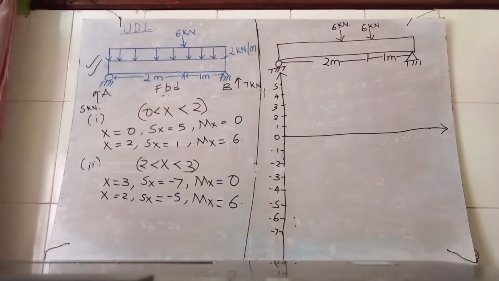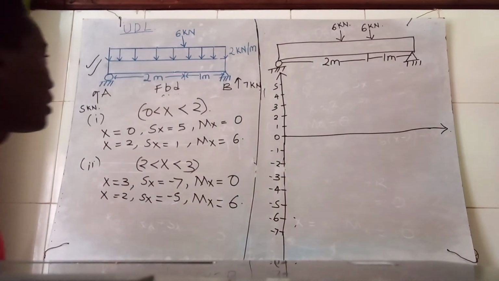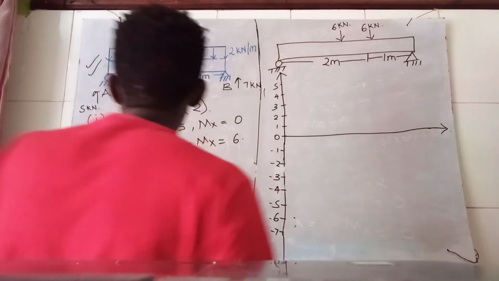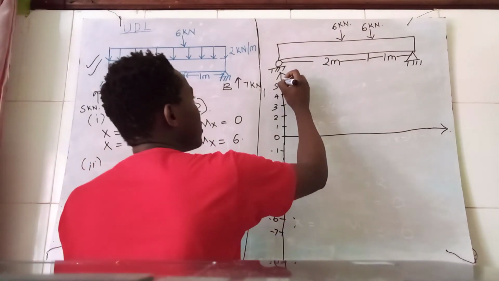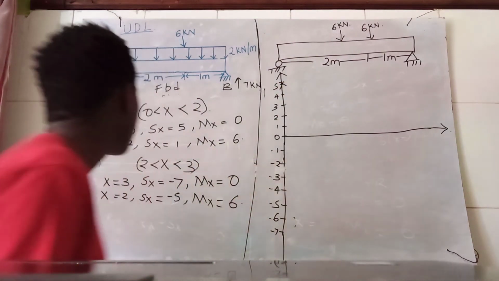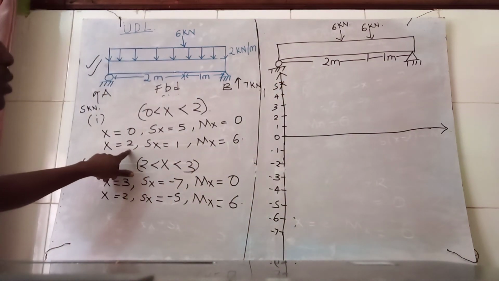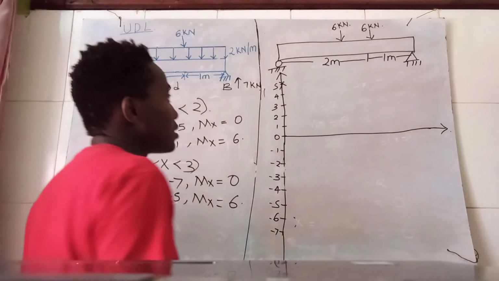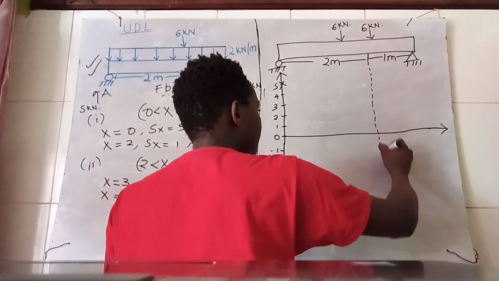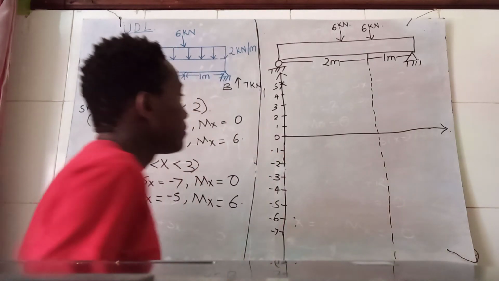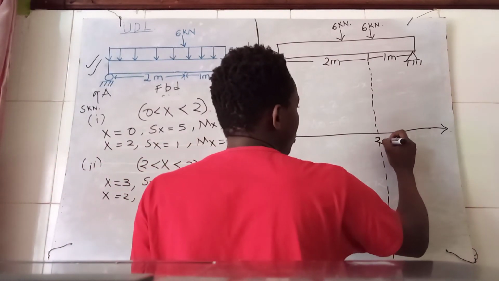So with that, we start at the point x equals 0, Sx is 5. That is the point. At the point x equals 2, Sx is 1. So I'm just going to drop down this line. This is going to be my point 2.